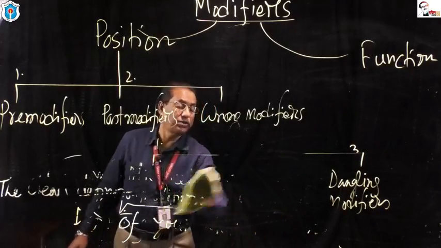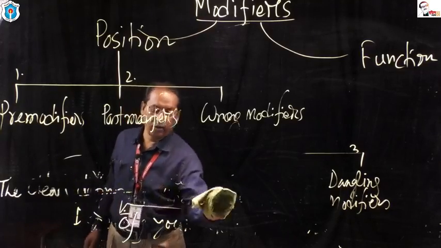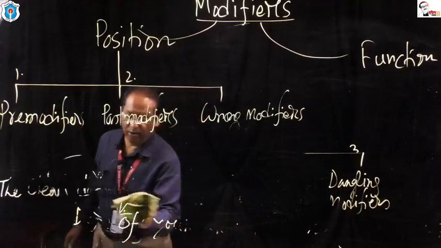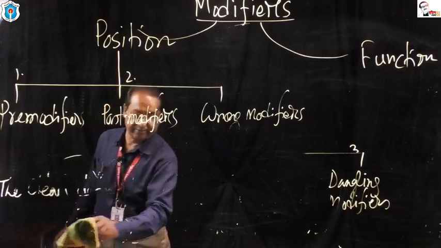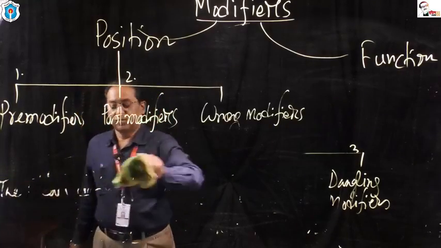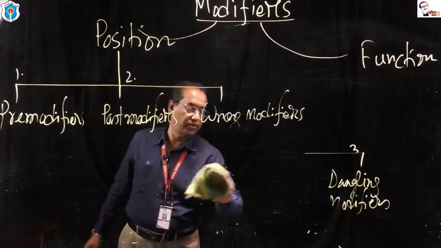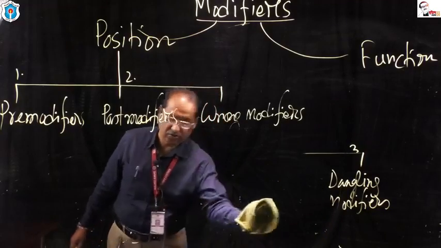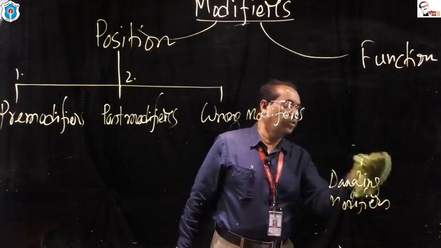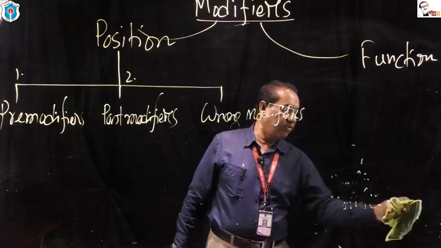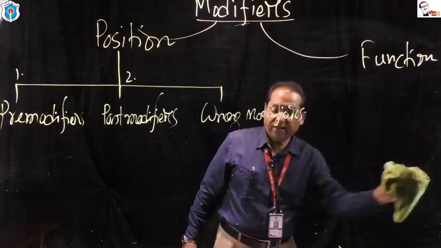Dangling modifier, what is the meaning of the word dangling? Dangling means pending or hanging, ঝুলে থাকা। ফ্লোটিং বা হ্যাঙ্গিং অবস্থায় থাকা কোনো কিছু, অর্থাৎ যে ফিক্সড হয়ে কারোর উপরে বসতে পারে না, সে ড্যাংলিং। So by dangling modifiers I mean those modifiers which are usually used at the beginning of a sentence, and it modifies the wrong thing instead of the right head word, and the right head word is absent.